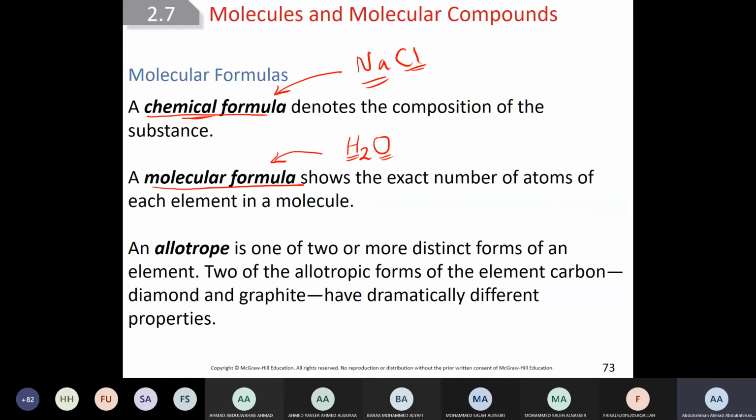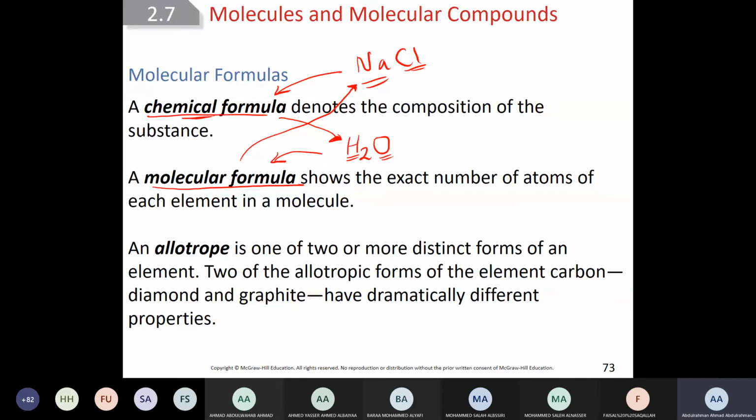But if you tell me the chemical formula for water is H2O, you are absolutely right. If you insist and say molecular formula, I will say that's not the right word, but it's not very wrong. It's wrong by agreement. Is this clear?